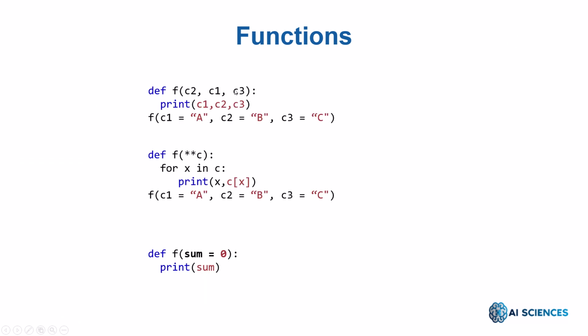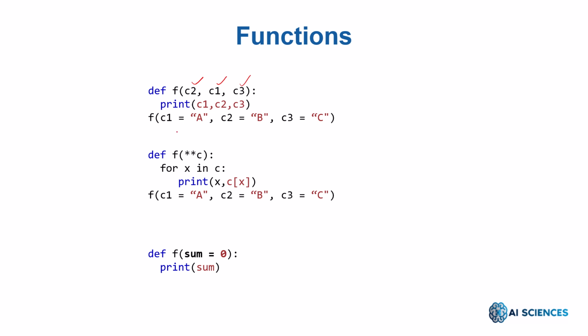Then we can have these functions with keyword arguments, and we just call them with state variables like this. We have C2, C1, C3, and we call C1 equals A. For example, here the first value is C2, that's our definition time. The second value is C1, but the third value is C3.